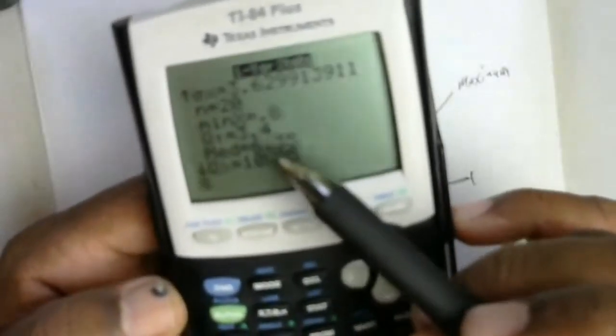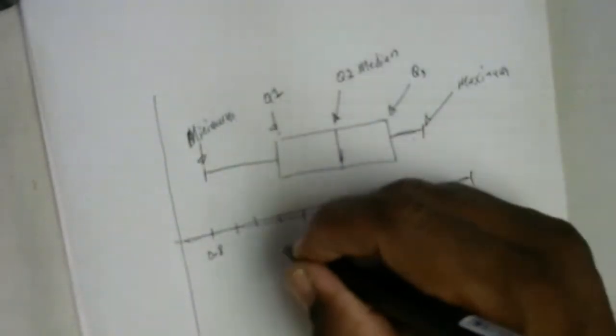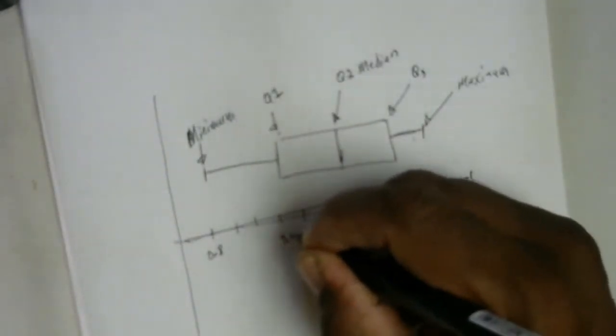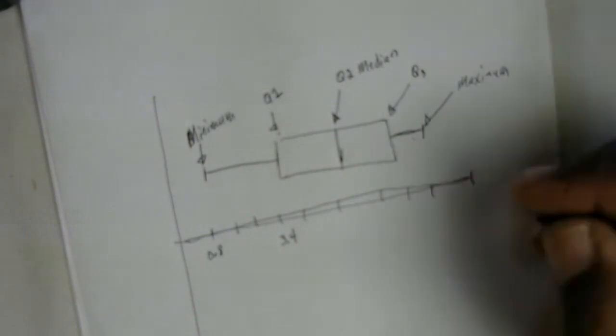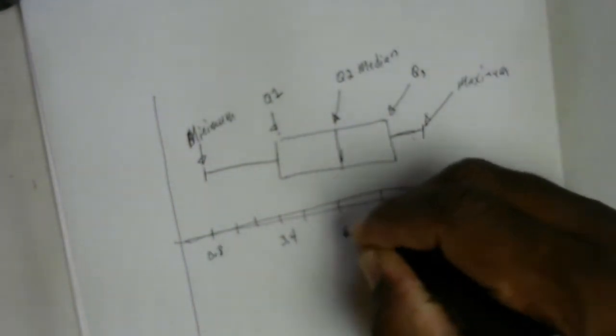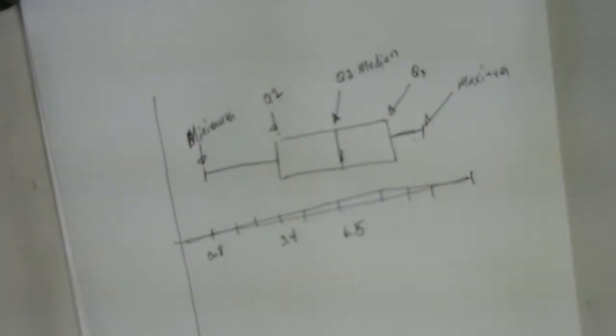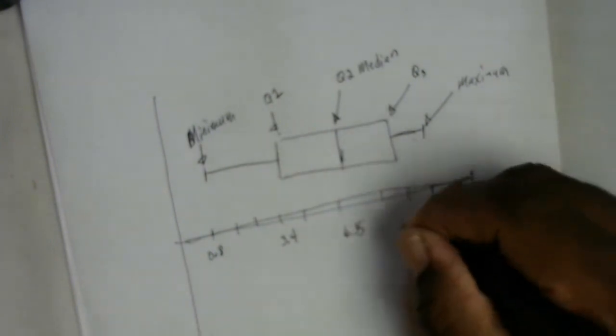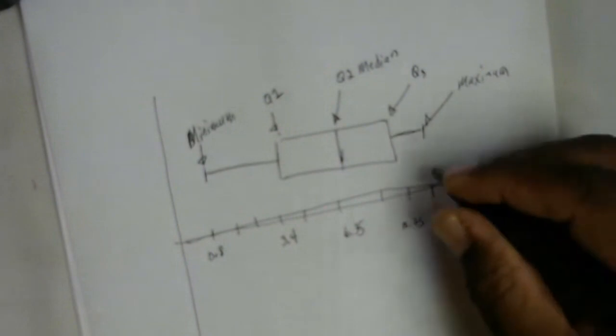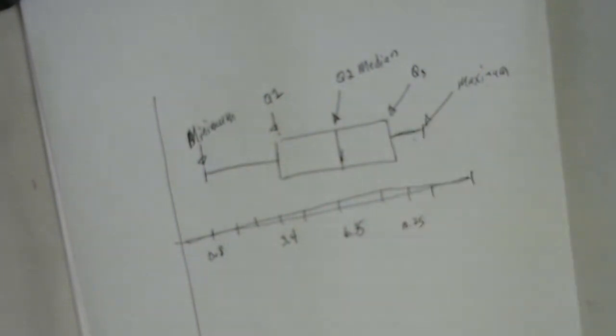Q1 is 3.4. My median is 6.35. The third quartile is 10.25. And then the maximum value is 11.6.